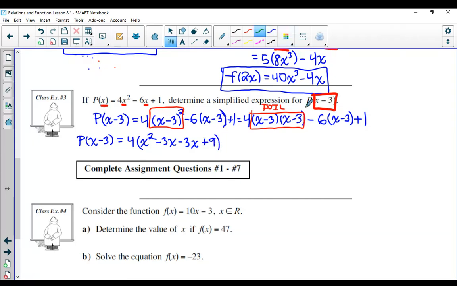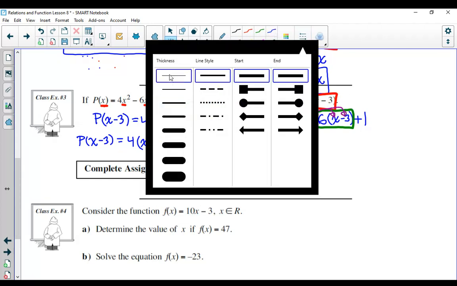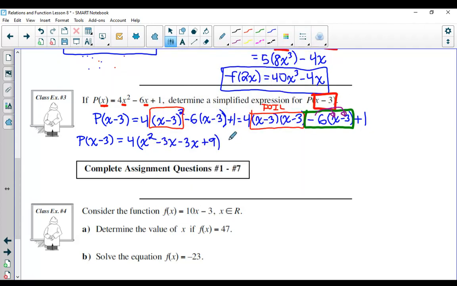Now I'm going to deal with this part. I'm going to use the distributive property to do this portion here. So I'm going to take the negative 6 and multiply it by the x and multiply it by the negative 3. So negative 6 times x would be negative 6x. Negative 6 times negative 3 would be positive 18. And then we have that plus 1 at the end.